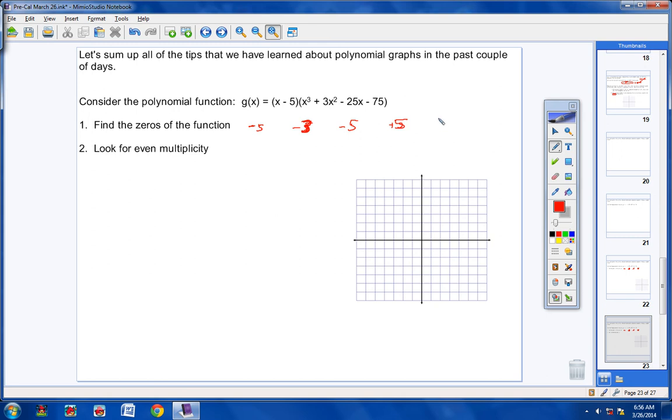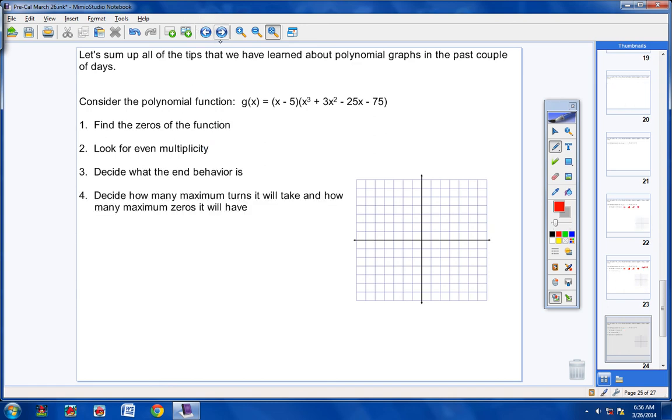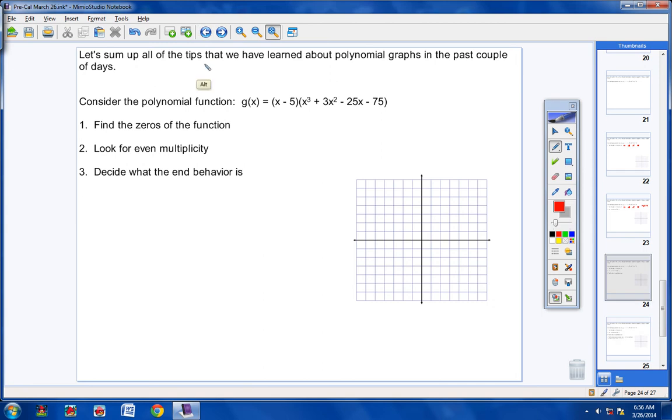So I'm going to put off to the side right here, tangent at negative 5. Is that okay, guys? That should make sense. Okay. All right, let's continue on. So I know I have a tangency at negative 5.